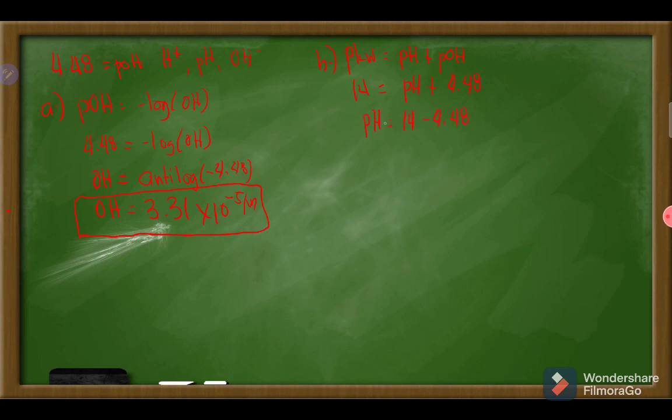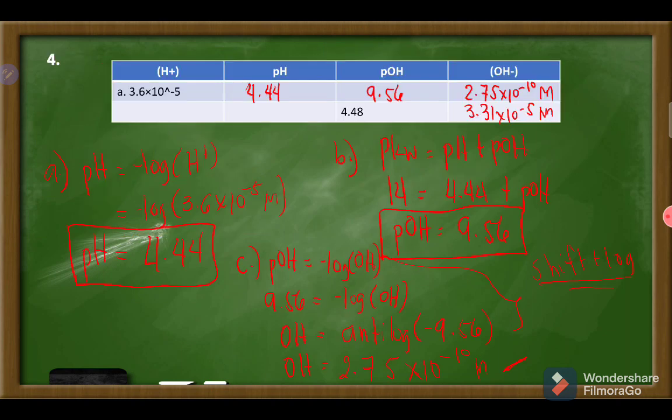Now, pH is equal to 14 minus 4.48. 14 minus 4.48 is equal to, pH is now equal to 9.52. So that will be the value for the pH, 9.52. Let's input it here.